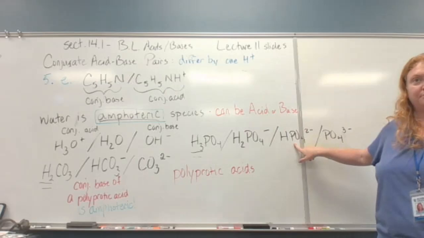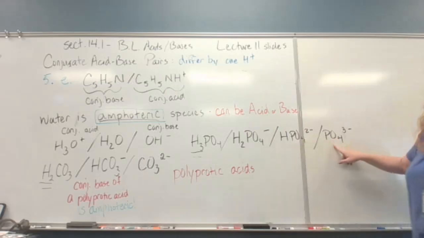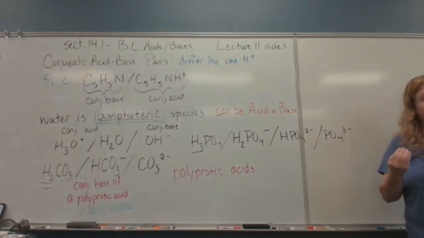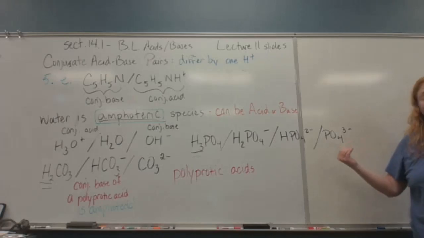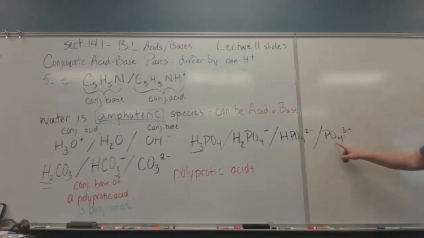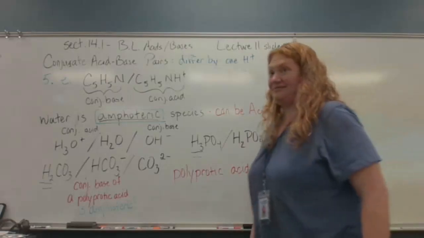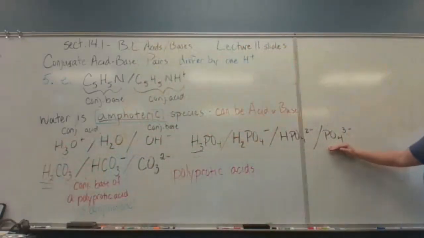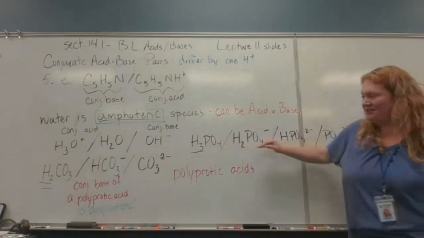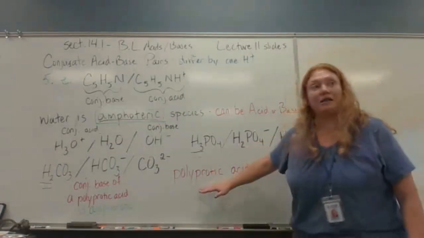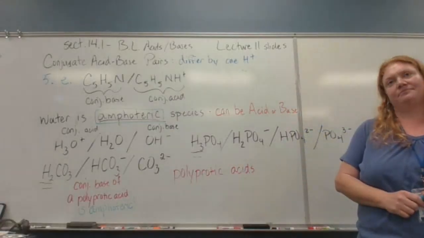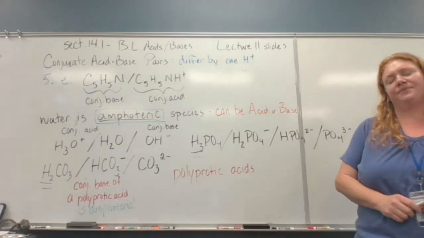So is that amphoteric as well? But what about the PO43 minus? It can accept, right? It can act as a base. It cannot act as an acid. It doesn't have an H plus to give away, does it? So at some point you can't do both. But these ones in the middle, when you have polyprotic acids, absolutely are amphoteric. Does that help a little bit? Okay.